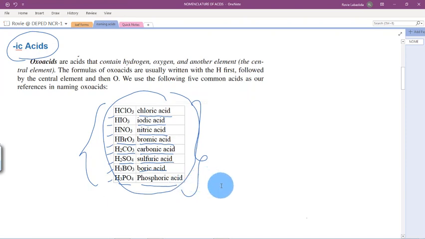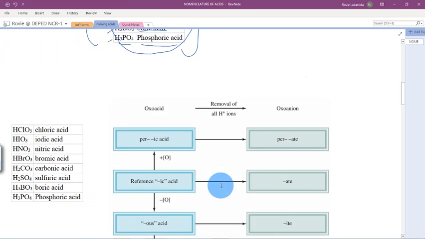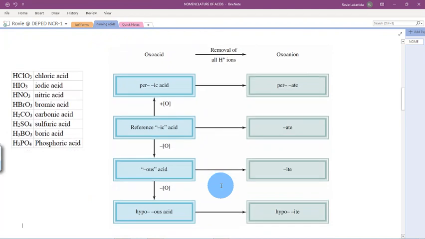Alright, now let's proceed with the next one. So again, they are the oxoacids, specifically the ic acids.